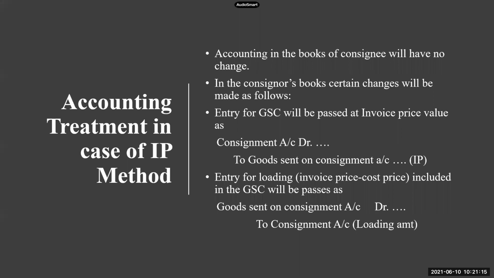So on the opposite side, that is on the credit side, we will write an entry as by goods sent on consignment with the loading amount. And what is the loading amount? It is the profit amount, that means the difference between the invoice price and the cost price. By passing an opposite entry with the loading amount, you are nullifying this entry, and the ultimate effect is that goods are being calculated at cost price.